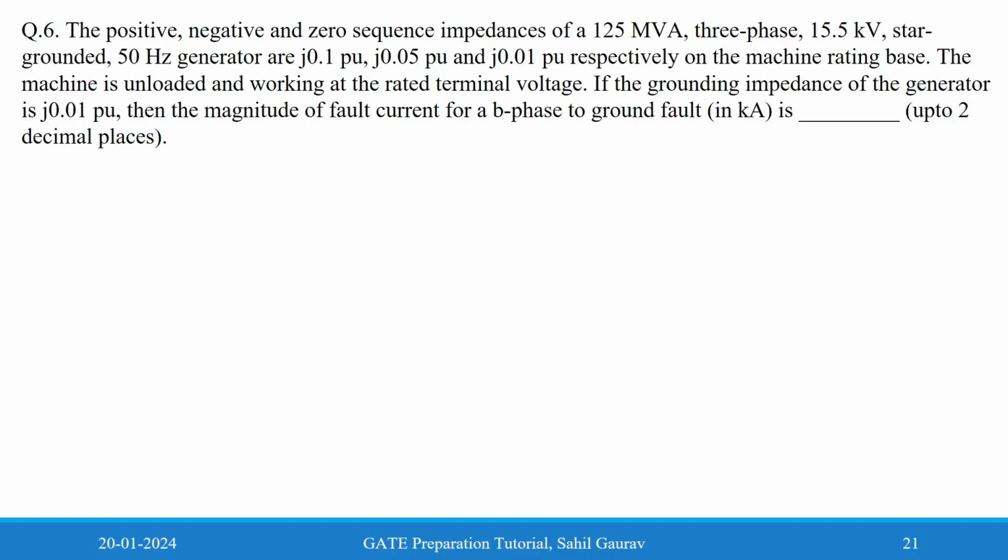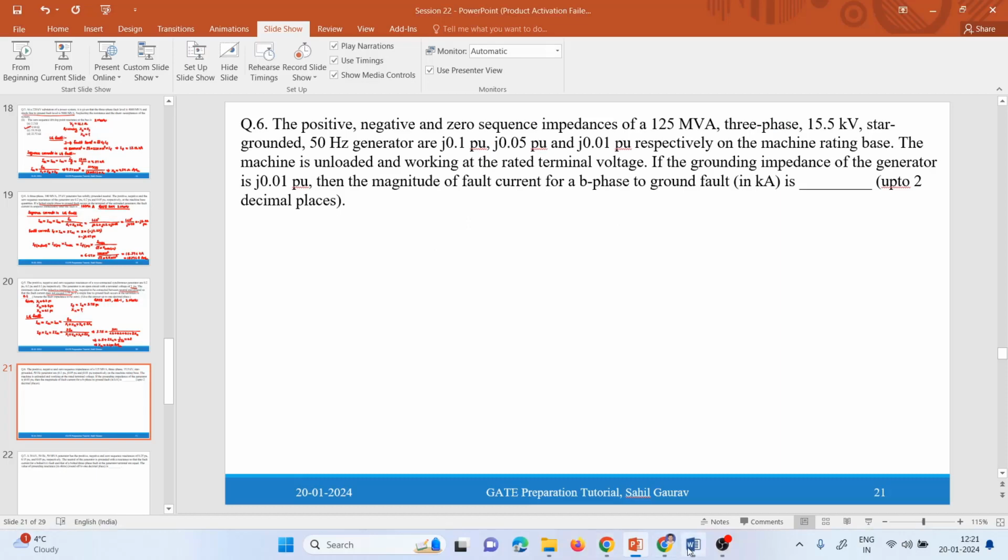The machine is unloaded and working at the rated terminal voltage. If the grounding impedance of the generator is j0.01 per unit, then the magnitude of fault current for a phase B to ground fault is what? You have to give the answer in two decimal places.